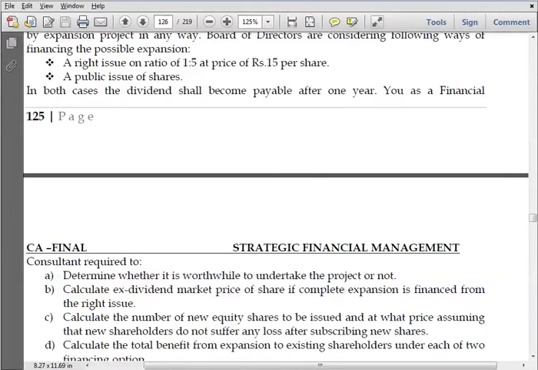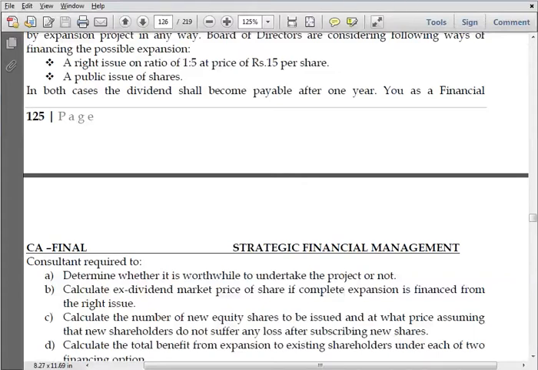Next, calculation of ex-rights price. Point number 1, current ex-dividend price.